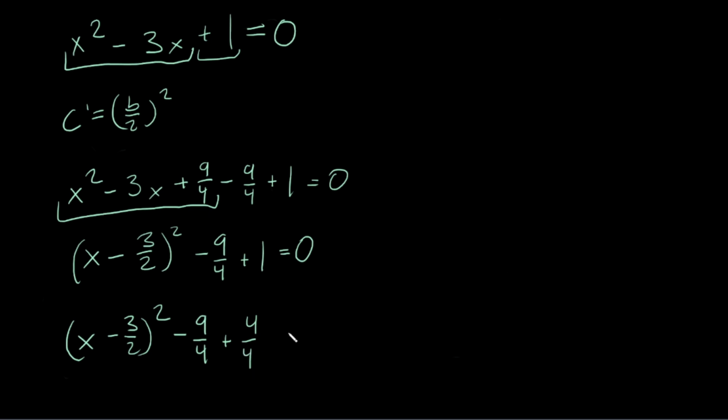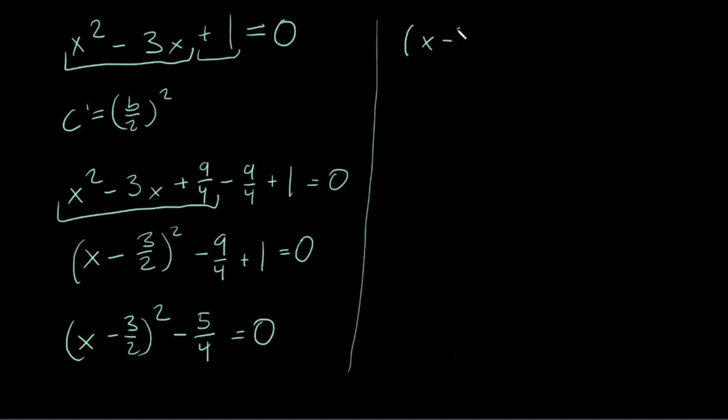Now I'll simplify it even further, this becomes minus 5 over 4 is equal to 0. And then we'll move this to the other side. So we add 5 over 4 to the other side. So we have x minus 3 over 2 squared equals 5 over 4.